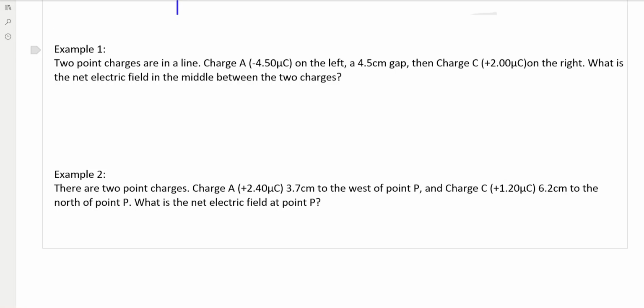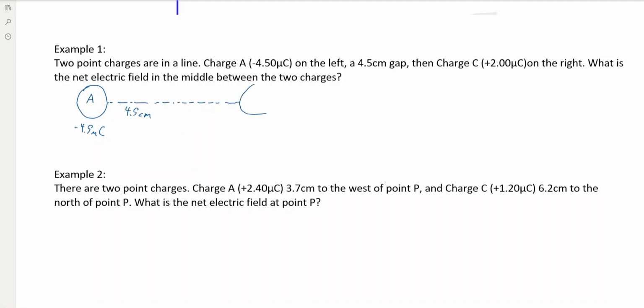Here's the question. Charge A is on the left. It's going to be negative 4.5 microcoulombs. And then there is a 4.5 centimeter gap, and then charge C. Actually, I'm going to do a bigger gap than that in terms of my drawing here.